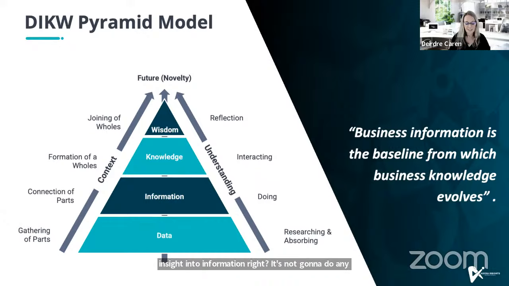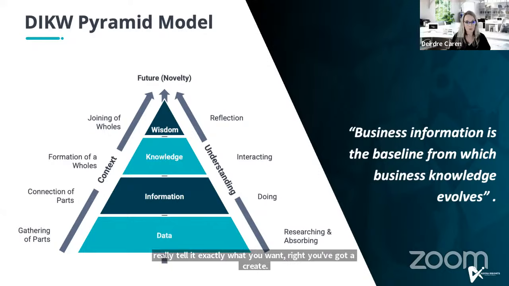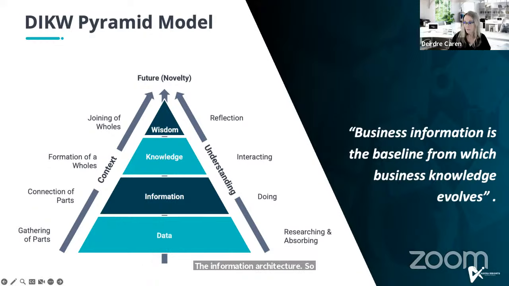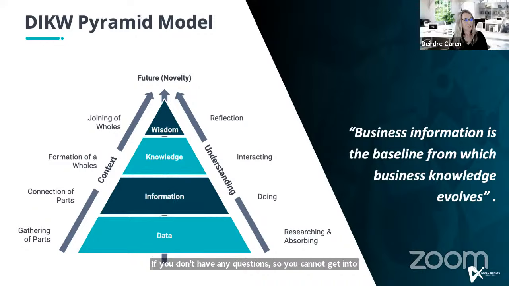It does do some analysis, but you've got to really tell it exactly what you want, right? You've got to create the information architecture so that you get the right results. So if you're looking for specific information, you have to ask very specific questions. So you cannot get into doing requirements if you don't have the right way of asking it to do the requirements.